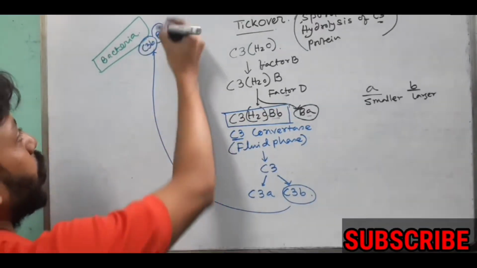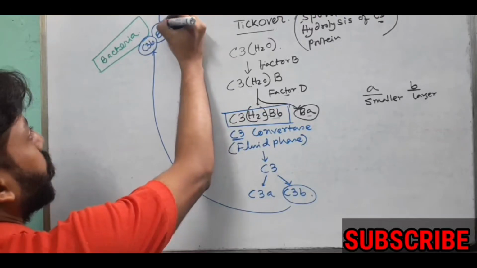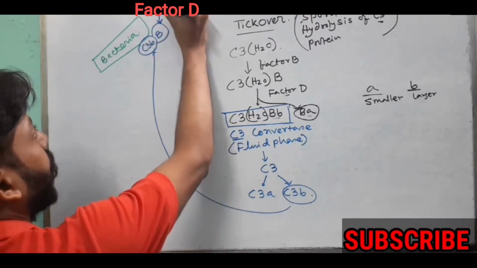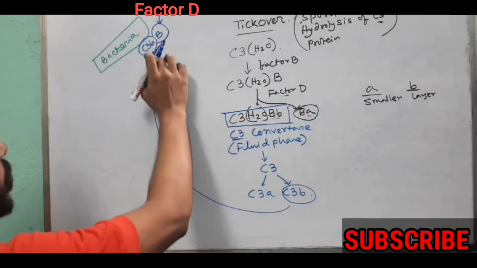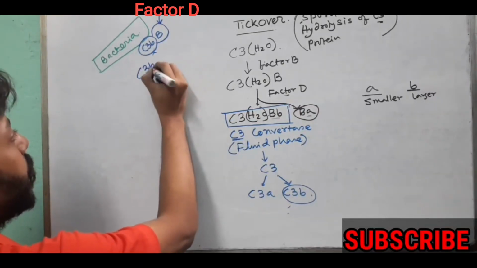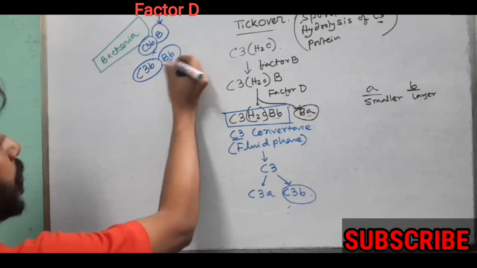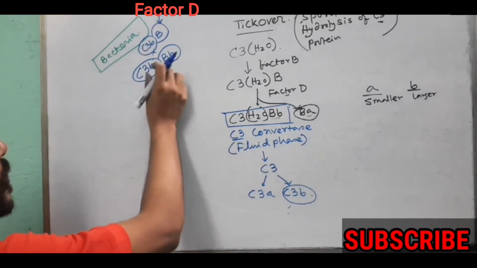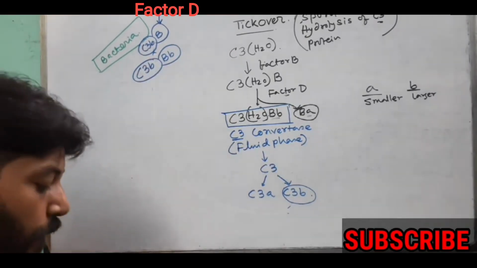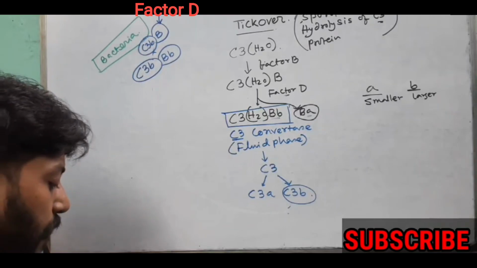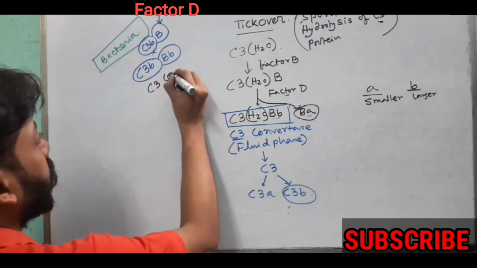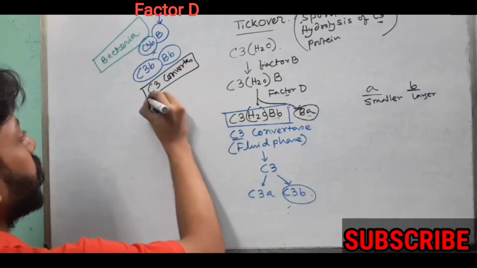Now the same process occurs. This B complement protein is cleaved by factor D and it becomes C3b Bb. This is a larger fragment so that it can attach with this molecule. Now this is another time it is called C3 convertase, but it is stable.